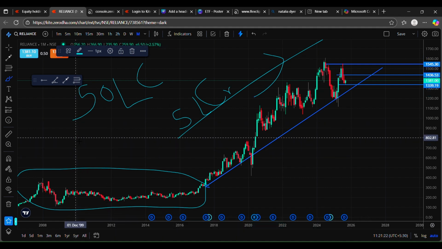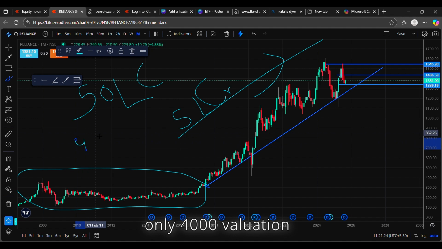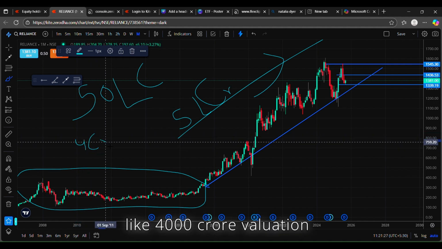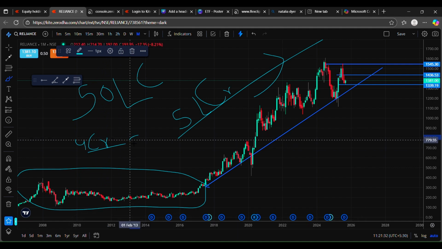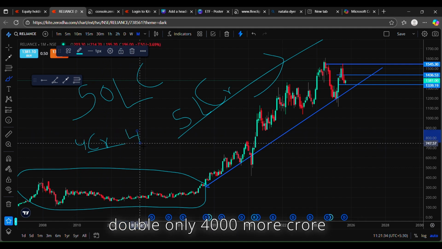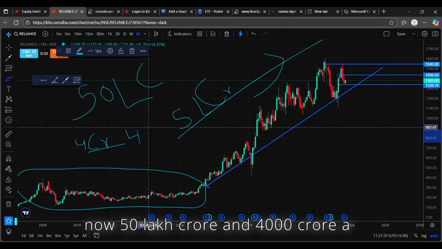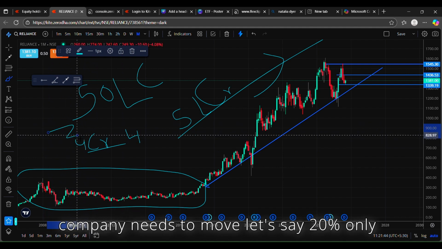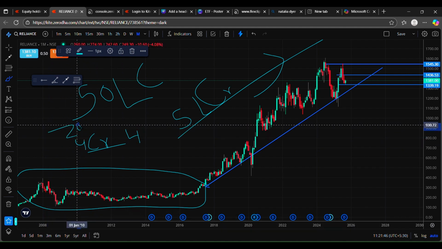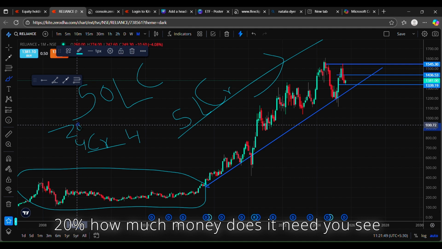And a company with only 4000 crore valuation, right? How much money does it need to double? Only 4000 more crore. Now 50 lakh crore and 4000 crore, a very big difference, right? And if this company needs to move, let's say, only 20%, how much money does it need?